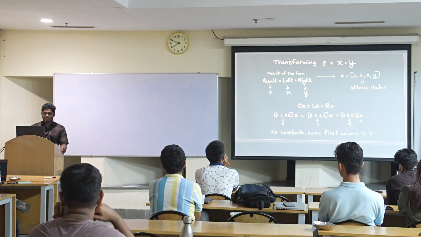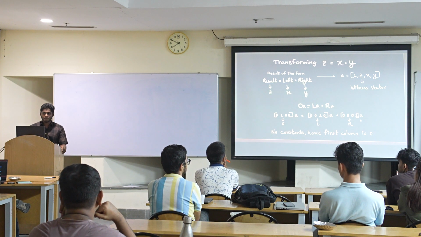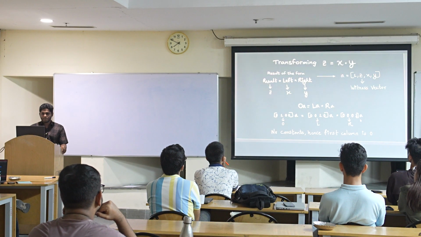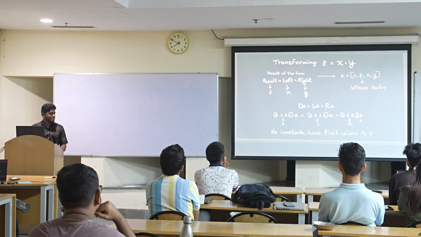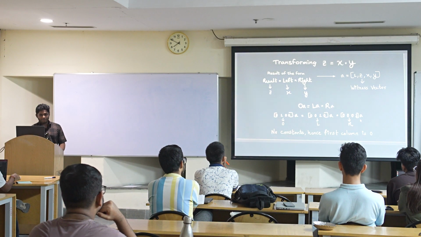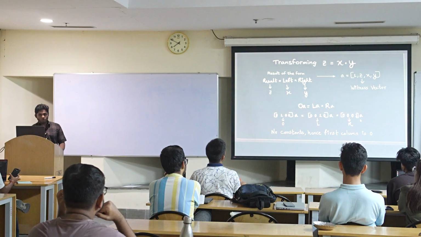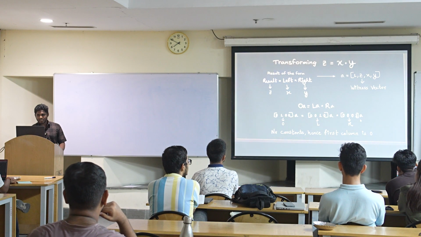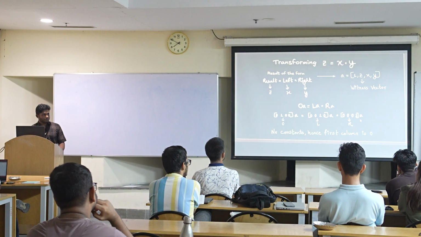Now let's take a look at this example. Okay, we'll transform z equal to x into y. So here our result is z, our left variable is x, our right variable is y. So our witness vector will be 1, z, x and y, right?